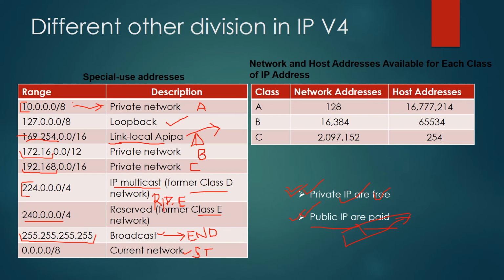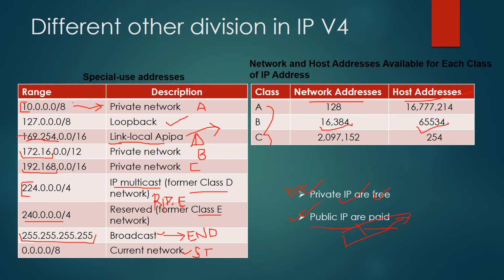And now let's see what exactly class A and class C have. How many network addresses do we have in class A and how many host addresses are there? In class B we can see around 16,000 network addresses and 65,000 host addresses. So how exactly are we forming this?